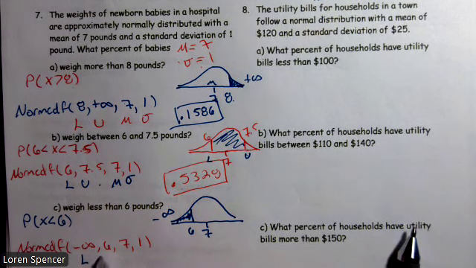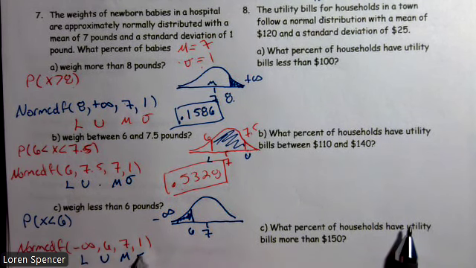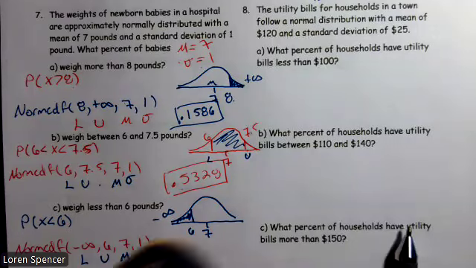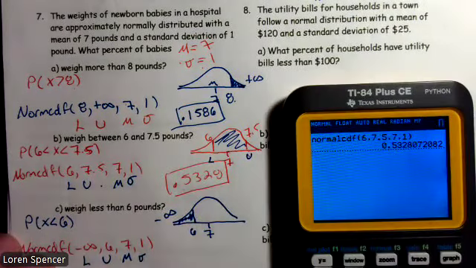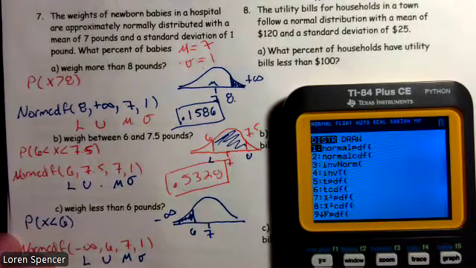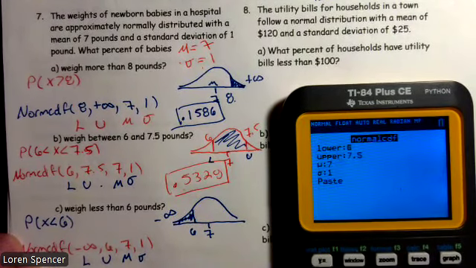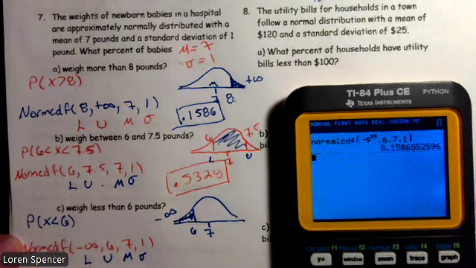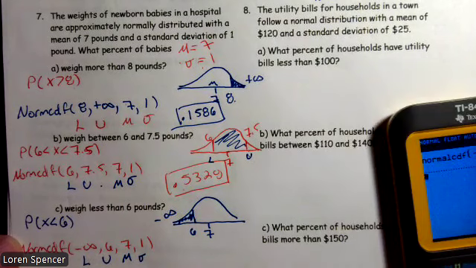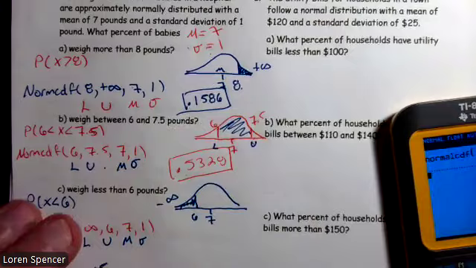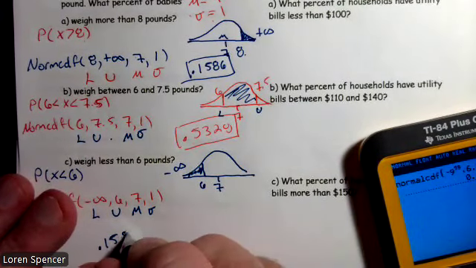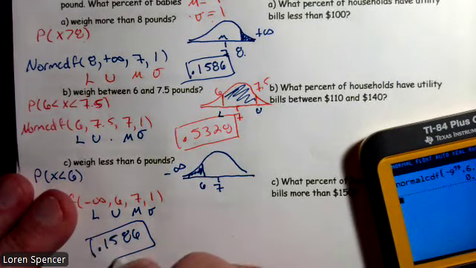So lower, upper, mean, standard deviation, or LUMO. Second VARS, normal CDF, lower bound negative 9 raised to the 99th, upper bound 6, mean is 7, standard deviation of 1. And we get 0.1586. Box that in.